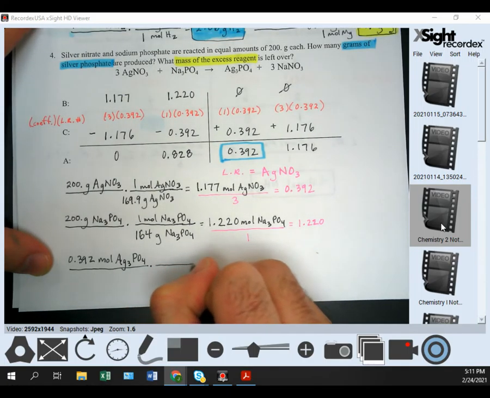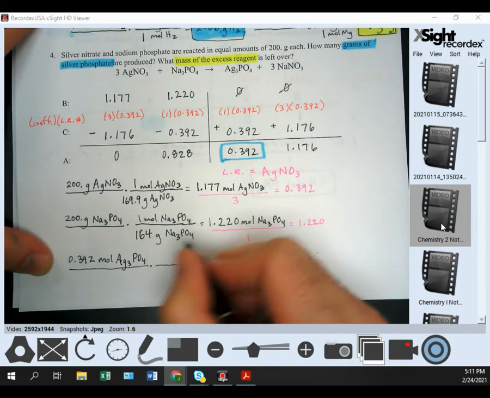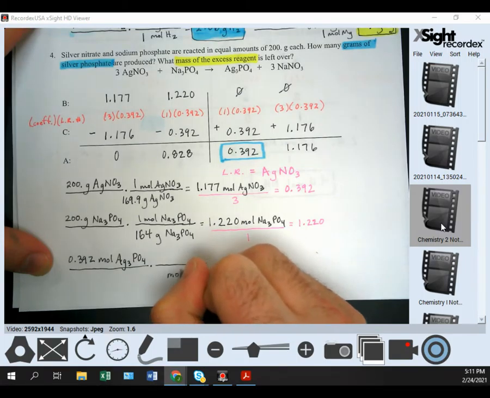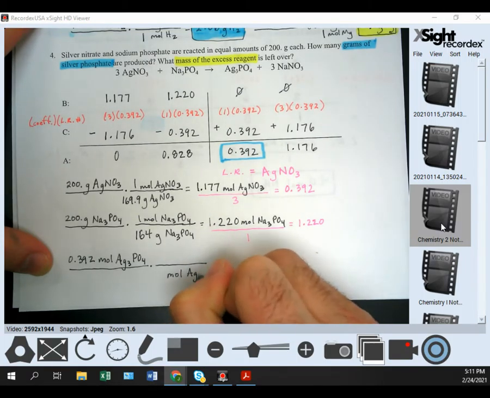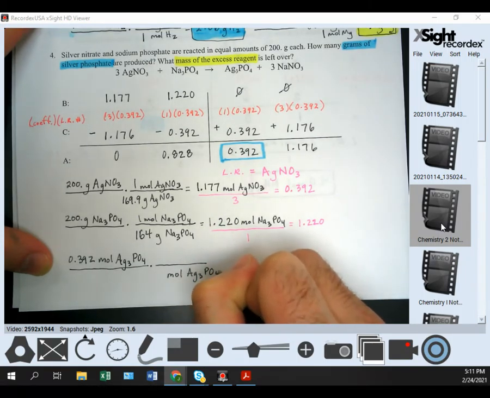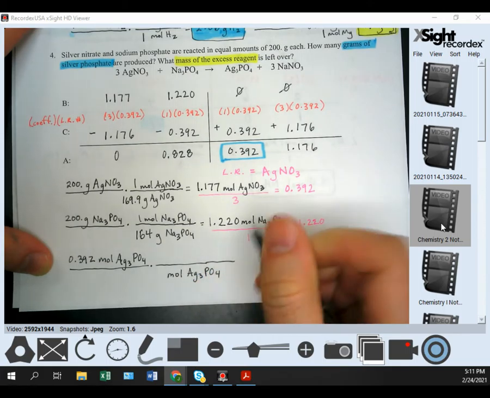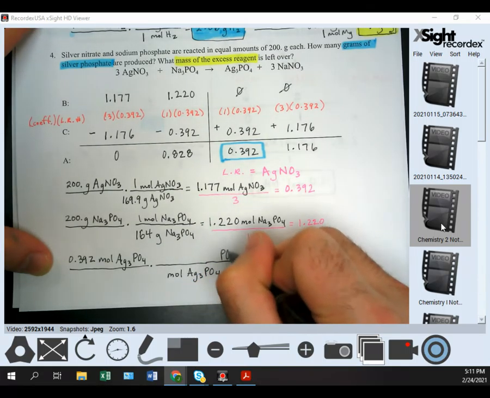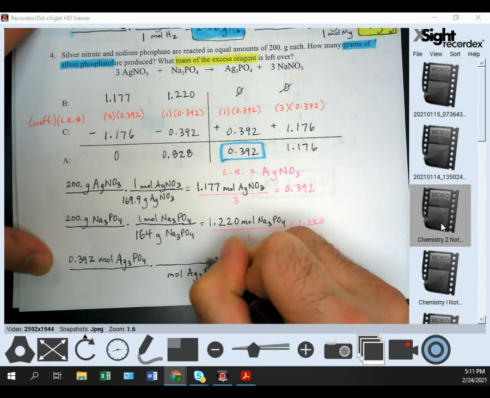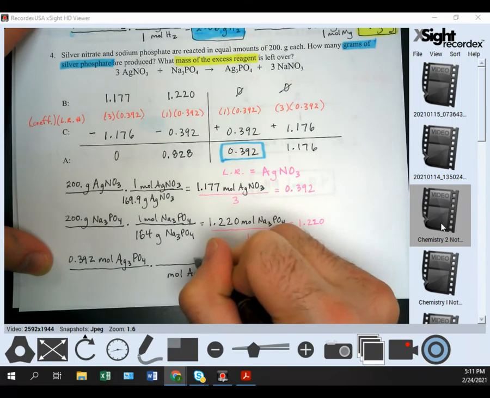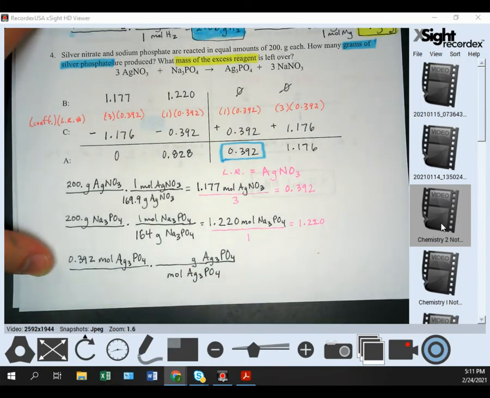So conversion, whatever's up here on the bottom. So moles Ag3PO4. We're turning it into grams of Ag3PO4.